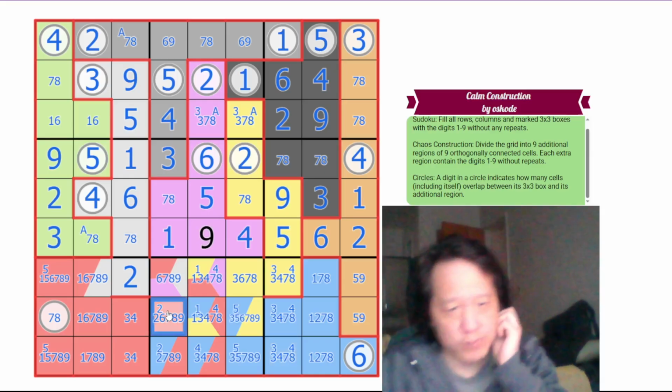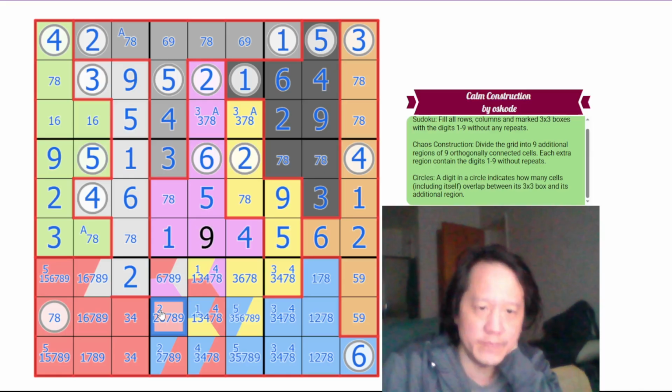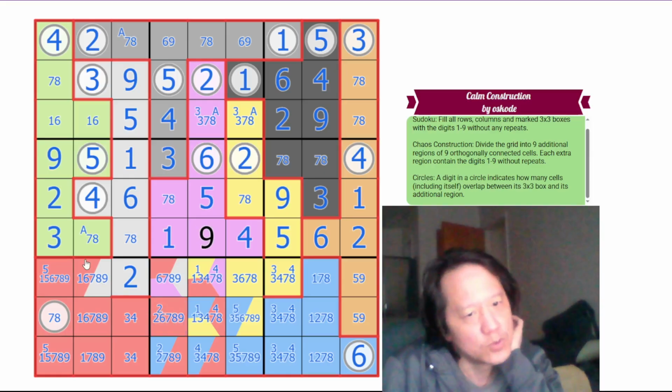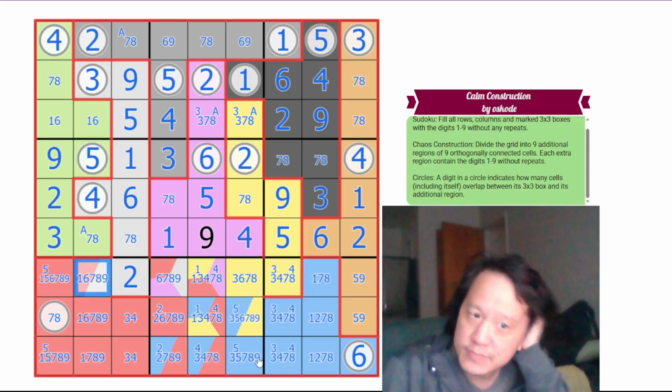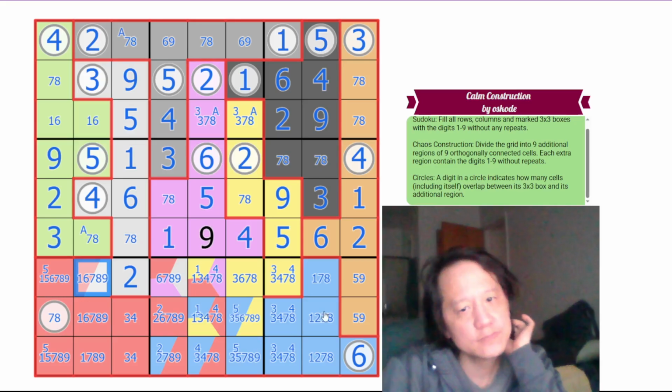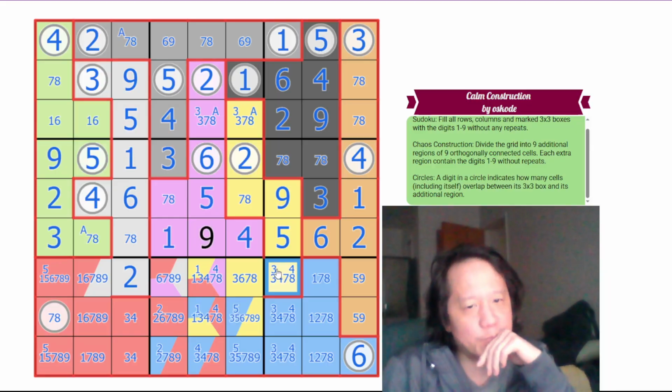So this is red. Either this is 2 or it's the same digit as that. Blue's missing 5 and 9 and whatever digit is there.